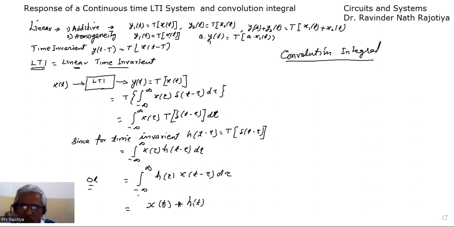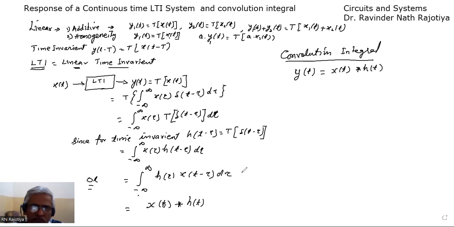Now what is this convolution integral? So we know that y of t is nothing but this convolution integral. I can write this as x of t into h of t. It is not a multiplication, but it is a convolution operation of h of t and x of t, where x of t is some arbitrary signal.